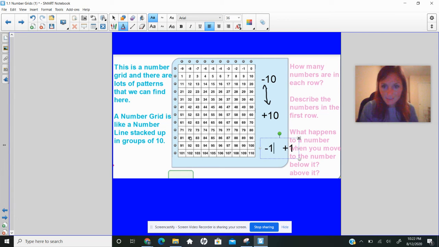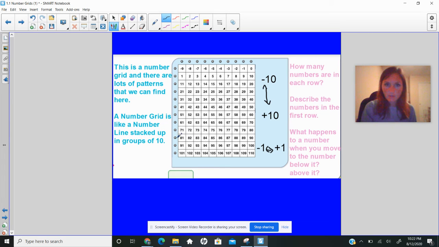We're minusing 1. So I hope that makes a little more sense: it's always -1 going this way, -10 going up, adding 10 when you go down, and +1 when you go over.